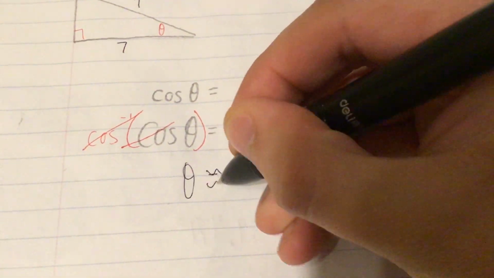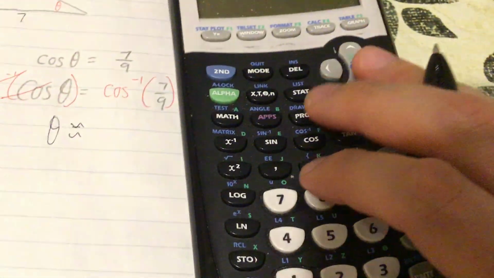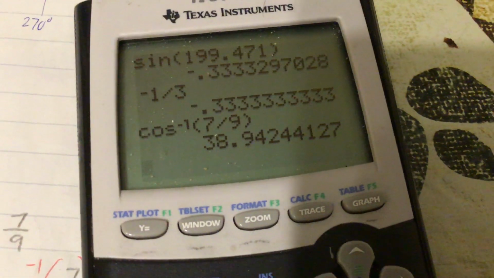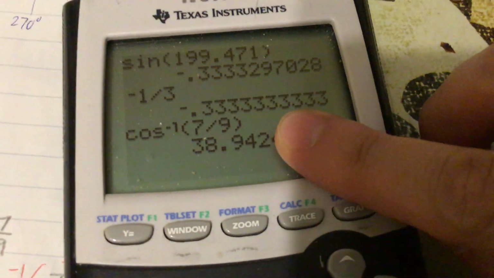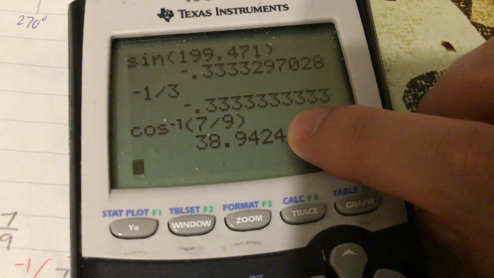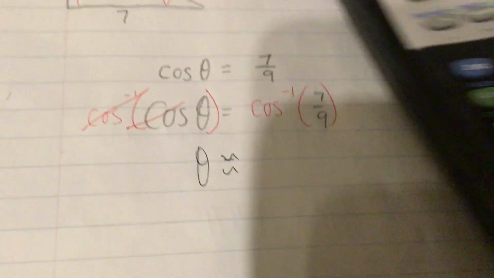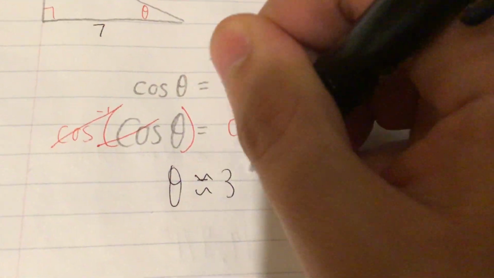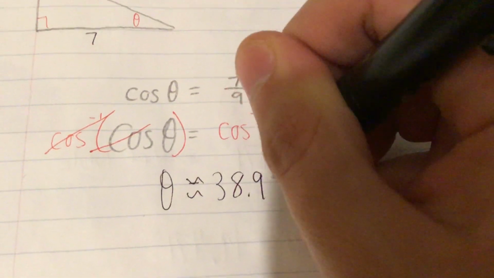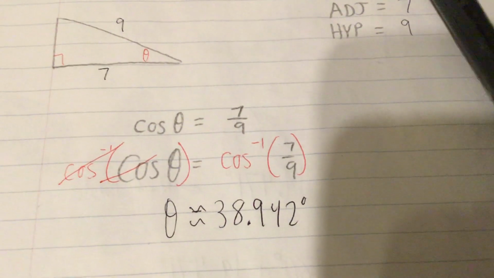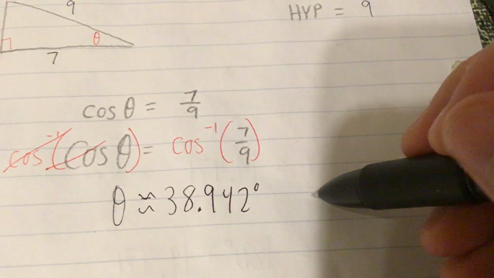Angle theta should be approximately, rounded to the nearest 3 decimal places, cosine inverse of 7/9, which is 38.942. The last digit is 4, so I'm just going to round down to 38.942 degrees. So now, that's just my reference angle.